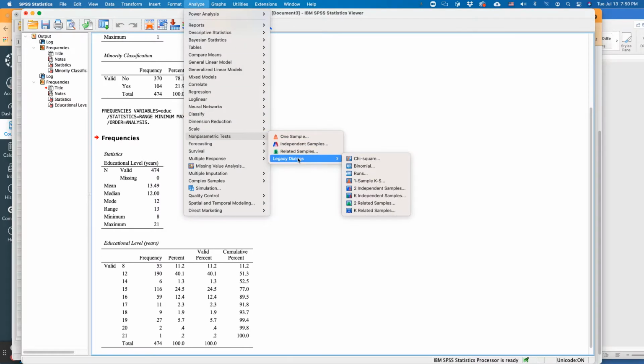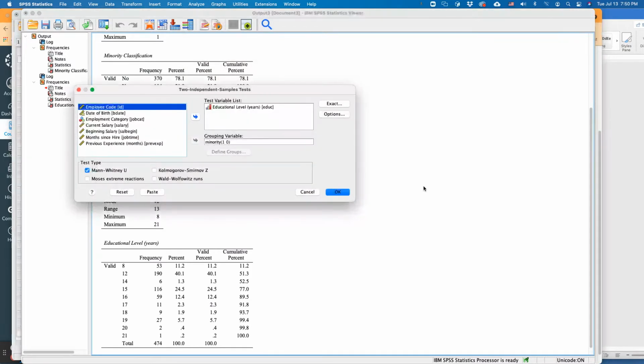So we go down here, and because we're looking at two independent groups in the legacy dialogs, we'll do this, right? And I had already set that up here, but let me go back. So when you click on that, it opens up. This is already highlighted, once you've chosen that independent test, right?